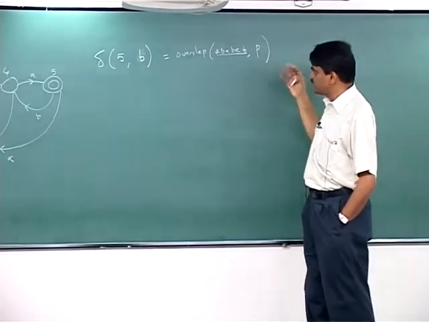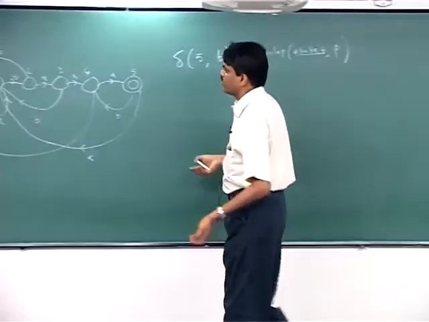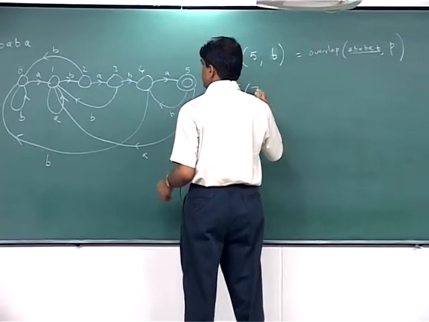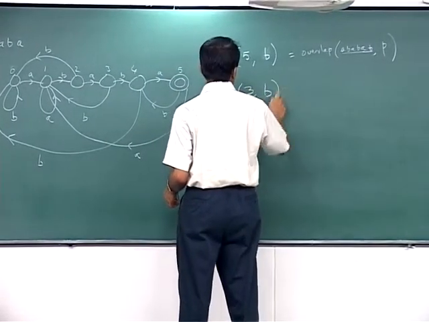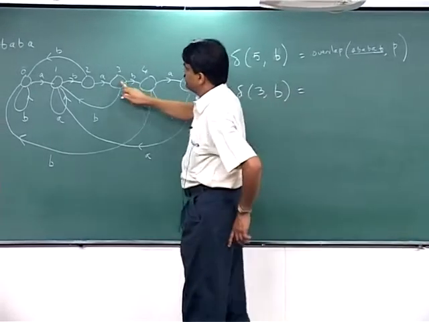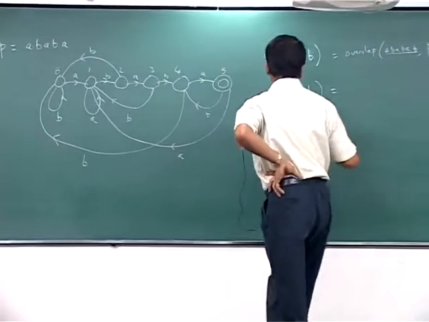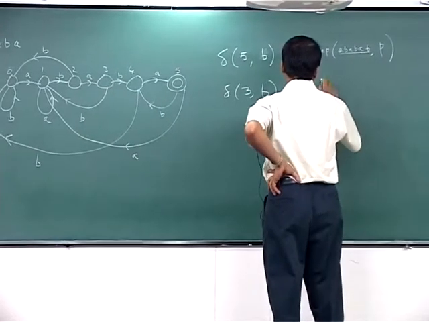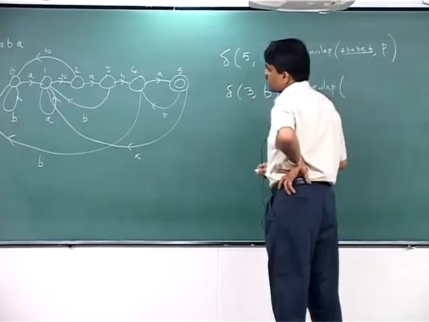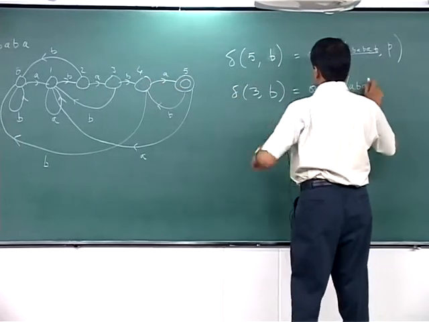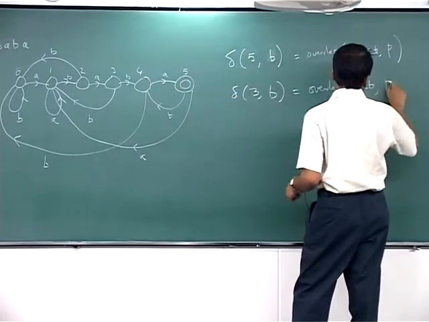Okay. This is actually true everywhere. Let us go and verify this for delta of 3 on B, right. When I am in state 3 and I am seeing B, then I claim it is the overlap of, I am in state 3, so I have seen ABA, now I am seeing B, with the pattern.